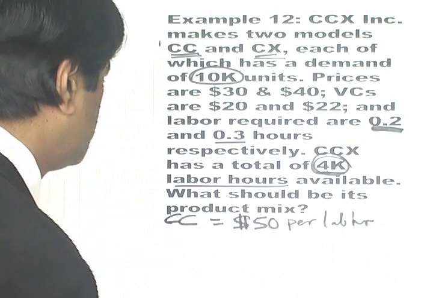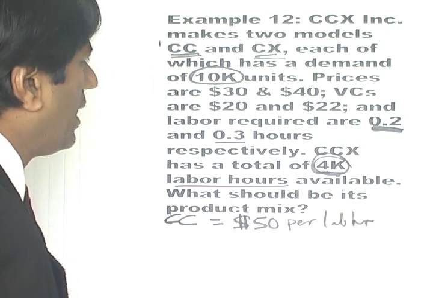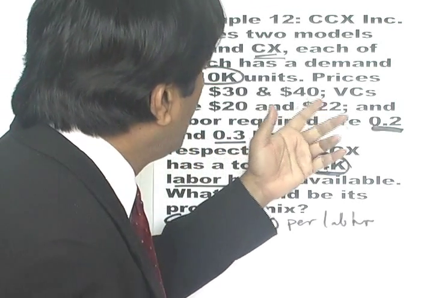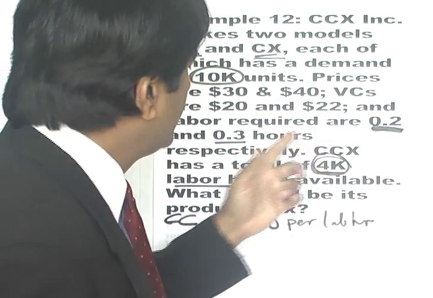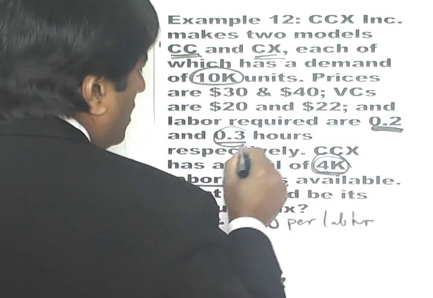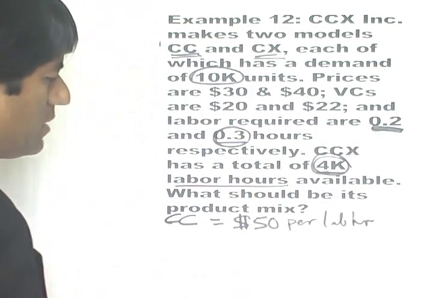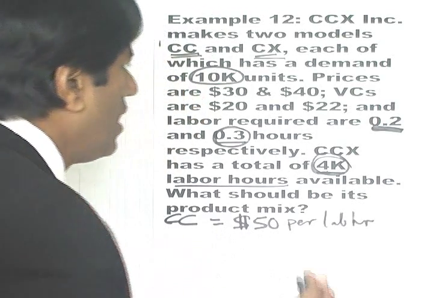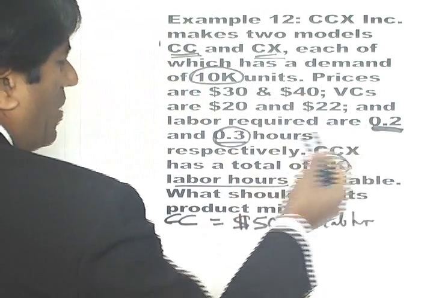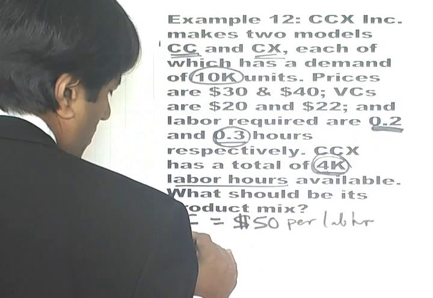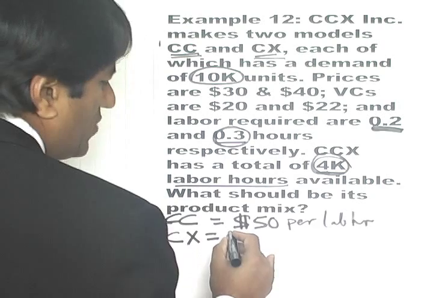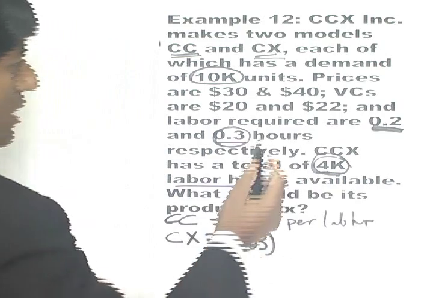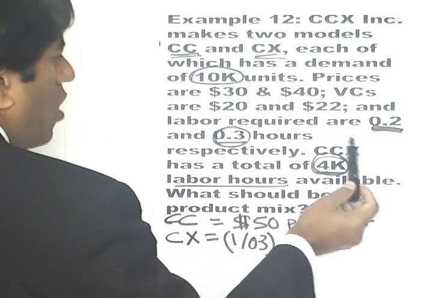Now, what about the second one? Now the second one requires 0.3 hours to produce 1 unit. So the number of units that you can produce of CX with 1 labor hour is 1 divided by 0.3. And what is the profit per unit?